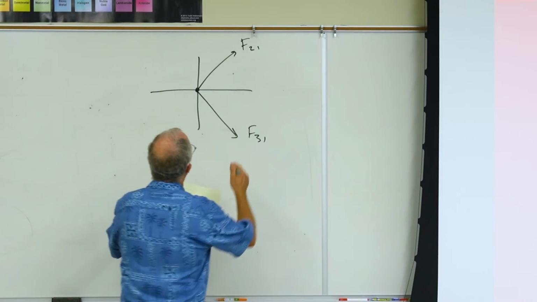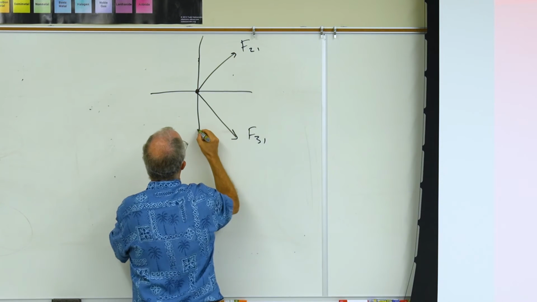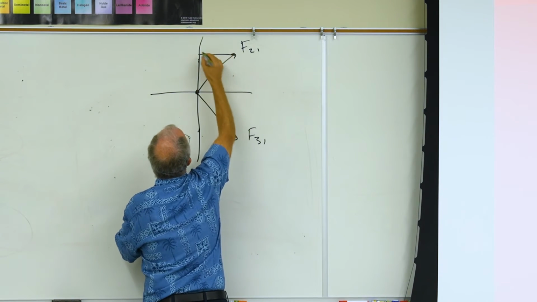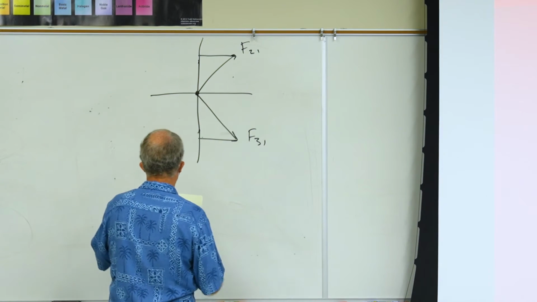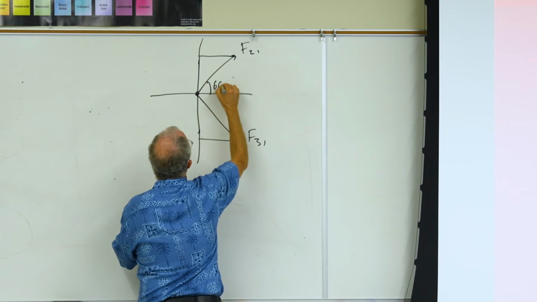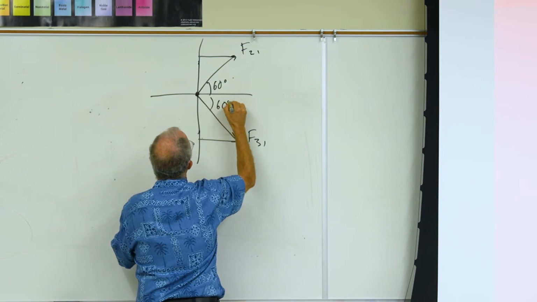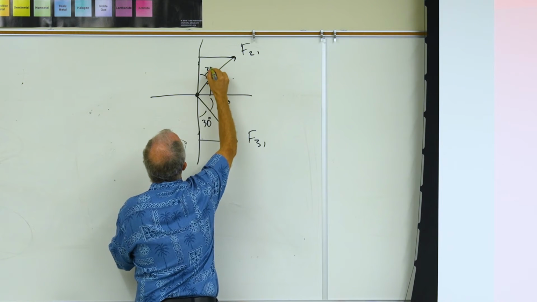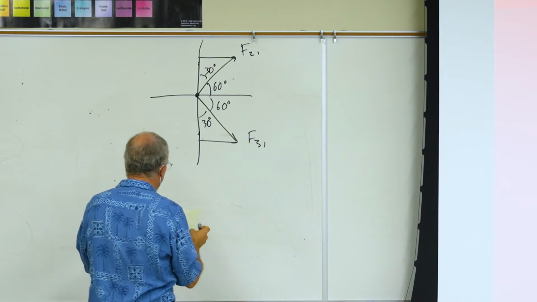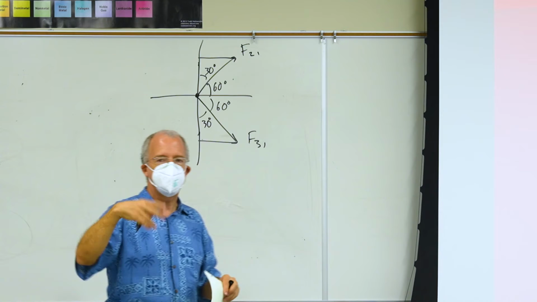So let's do this. Okay, so let's see. So this is 60, right? So what's this? 30, all right. Okay, so we know there's going to be some cancellations and so forth.